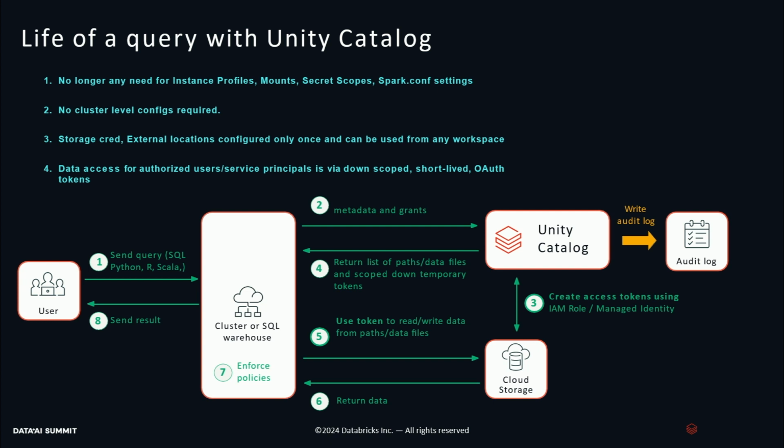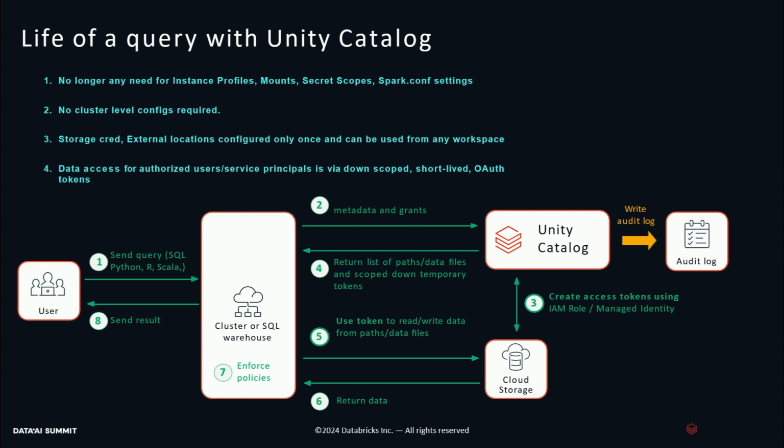If you look at the life of a query, which is depicted here, as soon as a user runs a SQL query, the cluster will forward that to Unity Catalog. Unity Catalog will check the metadata and the grants at the user level and see if that table exists and if the user has access to the table or not.